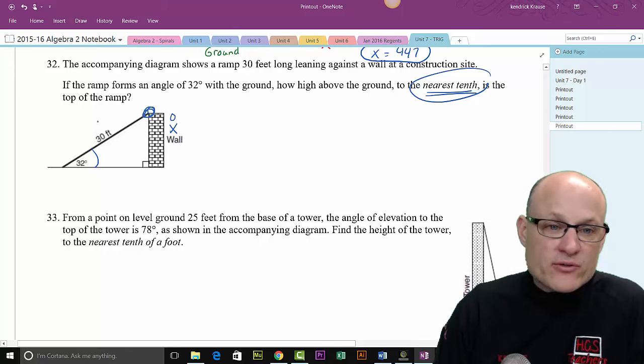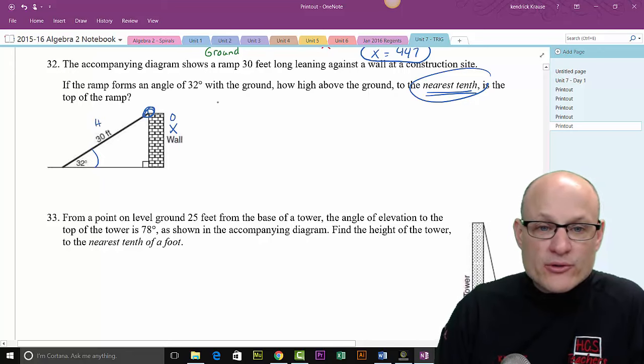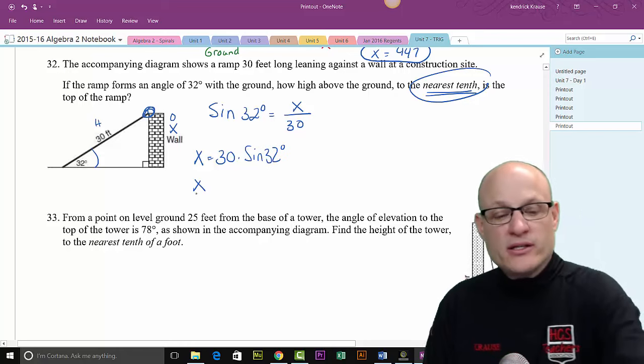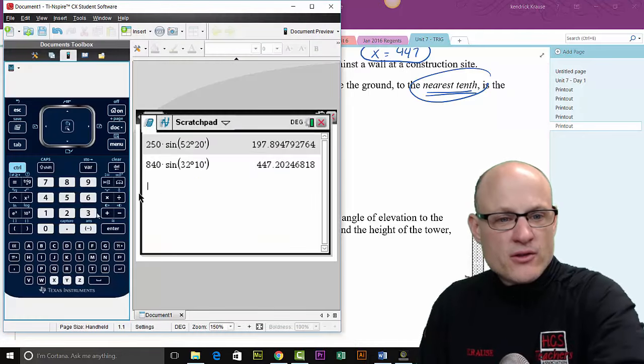Sine of 32 degrees is equal to opposite, which is x, over hypotenuse, which is 30. So x equals 30 times sine 32 degrees. Oops, it doesn't like when I touch the screen.